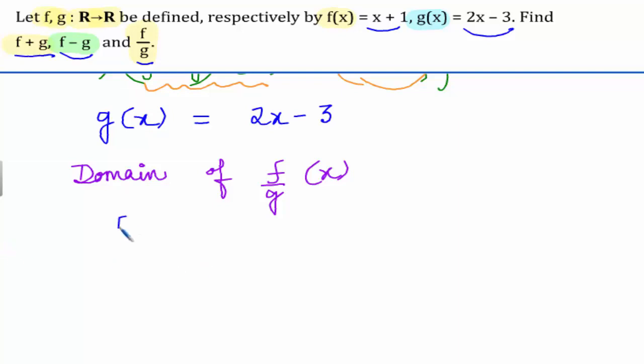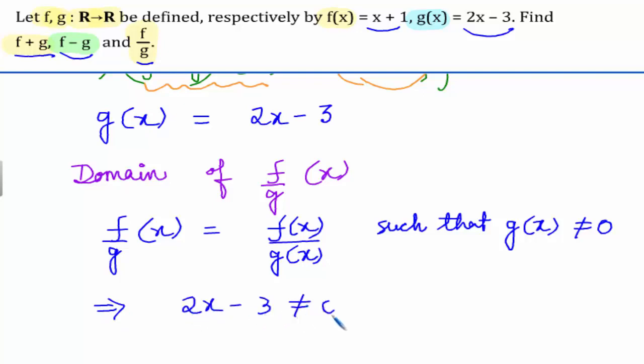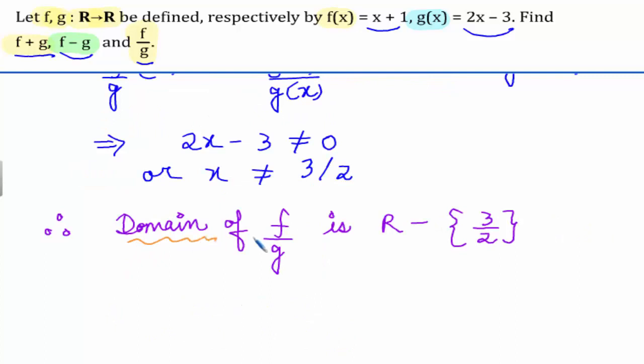Now f by g of x is equal to f of x by g of x such that g of x is not equal to 0. So this implies 2x minus 3 is not equal to 0 or x is not equal to 3 by 2. Therefore, domain of f by g is R minus the set containing the element 3 by 2.